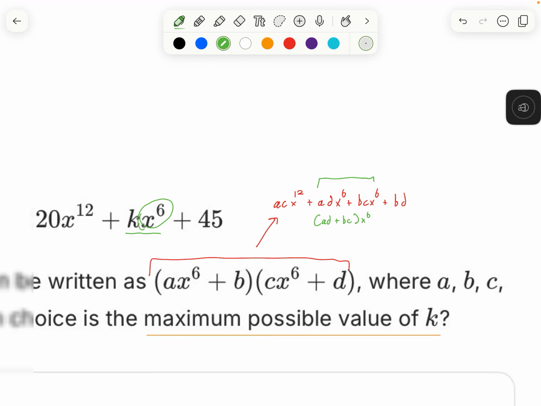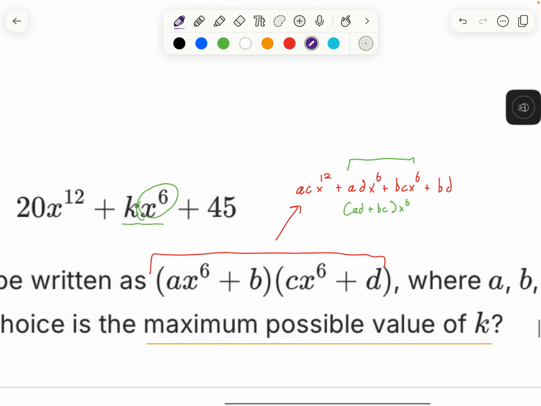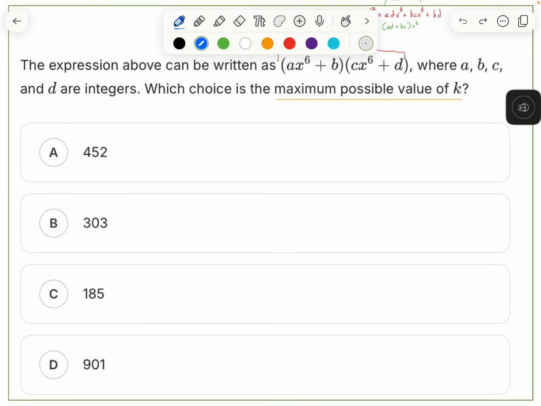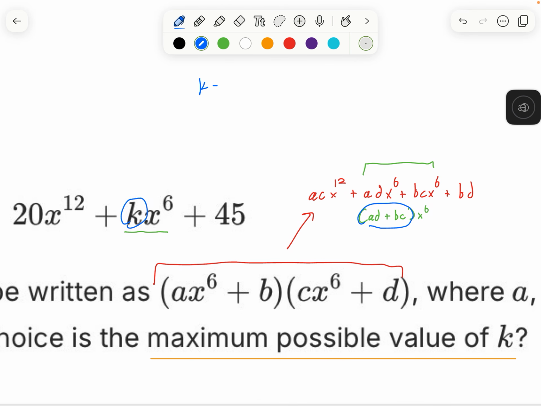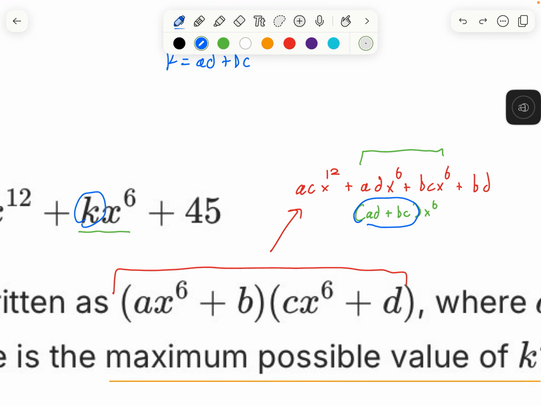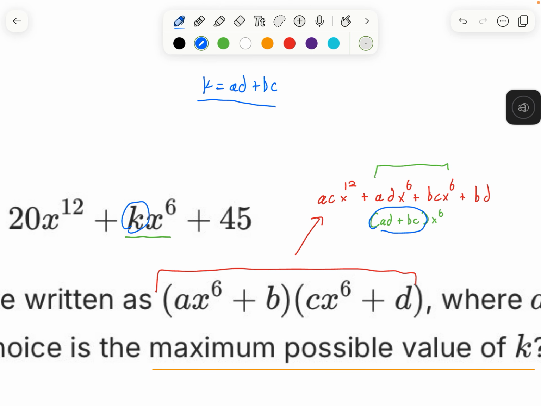And if you follow that logic, if k is the coefficient of x to the 6th here, then k has to equal AD plus BC, right? Because we're matching coefficients. Technically, this expression here is equivalent to this one. So we've determined that k equals that.